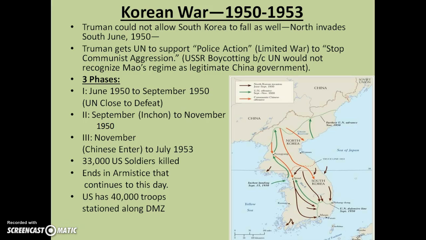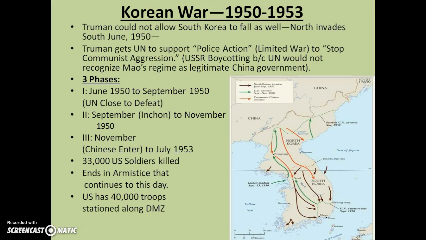But it was an attempt to stop the communist aggression under the ideas that had been learned from World War II about stopping Hitler. And he managed to get the United States to vote yes to send troops to try and stop the aggression by the North Koreans into South Korea. Now, he did this even though the Soviet Union was on the Security Council, because the Soviets were boycotting the UN at that point in time because the United Nations had yet to recognize Mao's regime as the legitimate Chinese government.